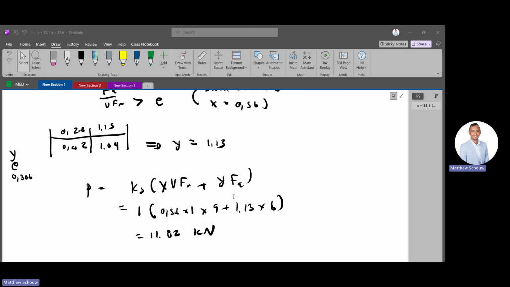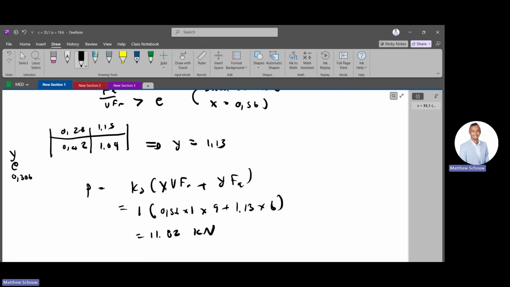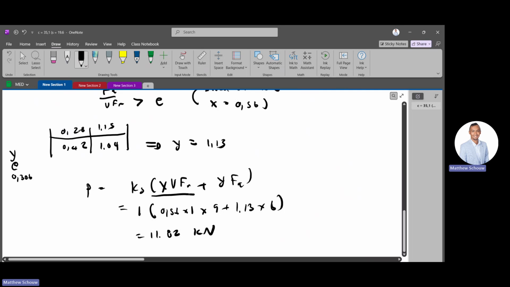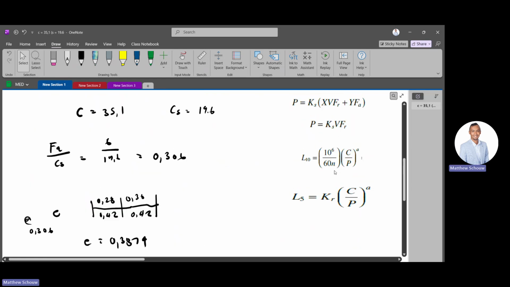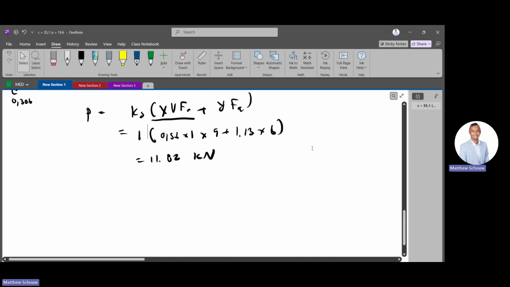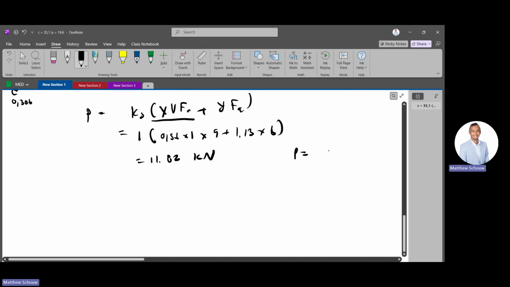Another check you probably want to do is check which of the radial loads is larger, and I particularly mean this part over here. If you do that, you find that P is actually going to be 9 kilonewtons, as we've said before.